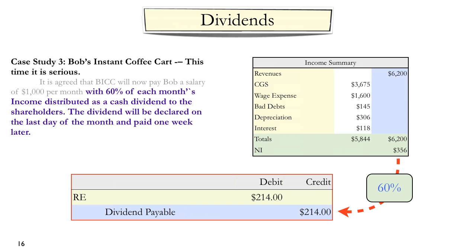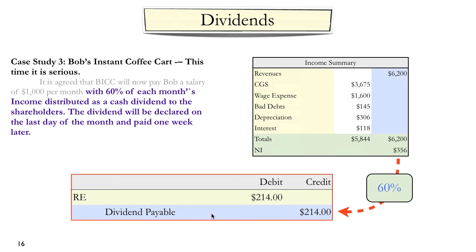We have one final transaction to account for, and that's the payment of dividends. It's important to remember that dividends are not paid out of income, but are paid out of retained earnings. And that's why the dividends payable is calculated after we've closed the income summary account. In this case, 60% of net income for the period are going to be paid out as dividends.